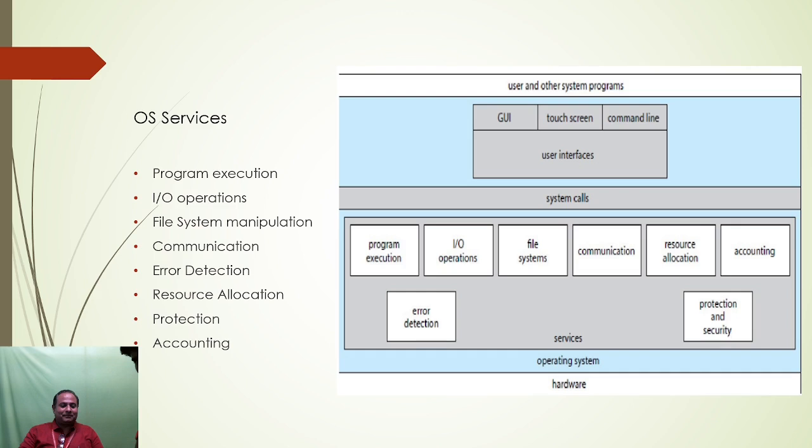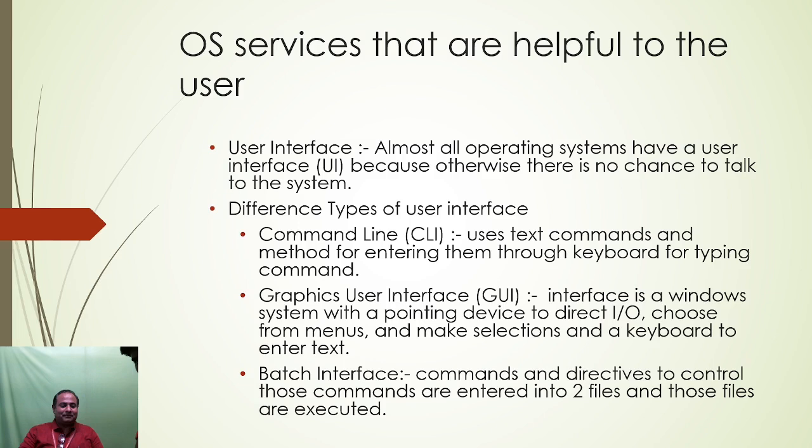And the final service provided by the OS is accounting. Here it gives information about the various tasks done in the system. For example, when we opened the file, when we updated the file and how long you have been using the system, that kind of account information will be shown by the OS services.